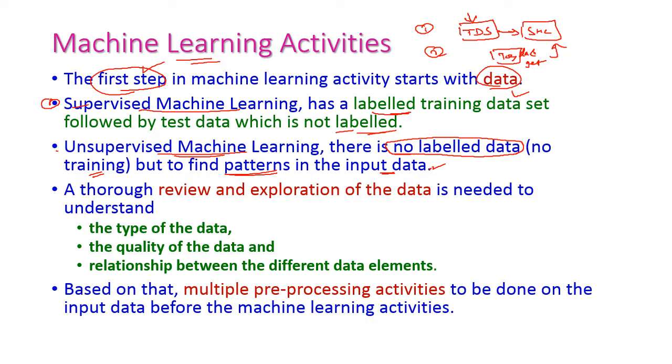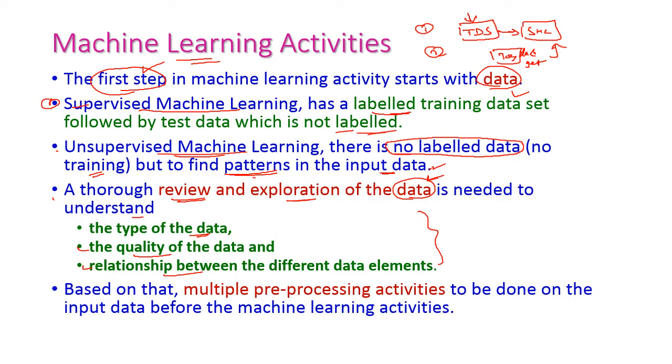For identifying this pattern, a thorough review and exploration of data is very important. For this we need to understand the data, that is, understand the type of data, the quality of data, as well as the relationship between the data.